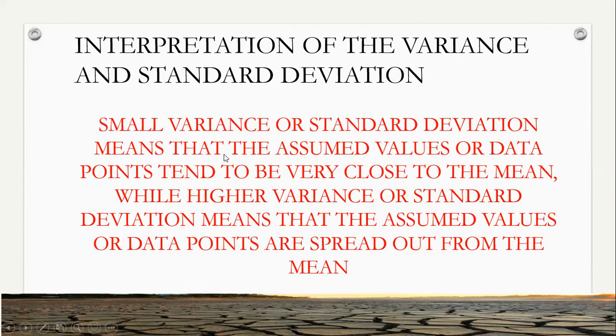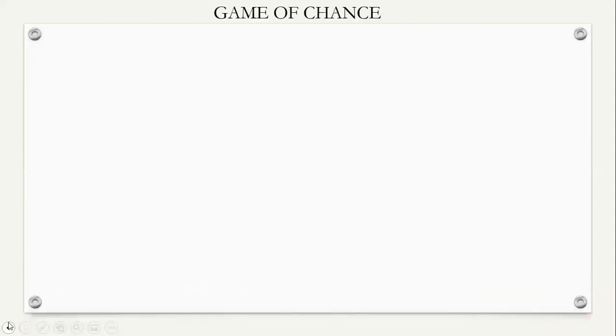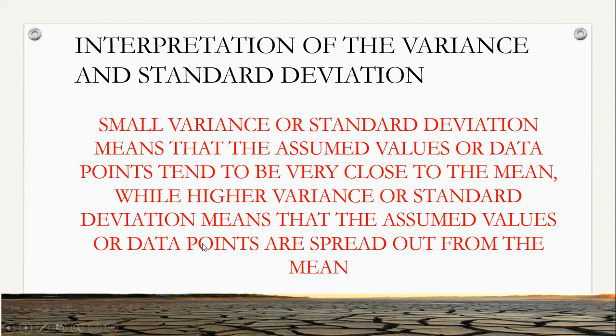A small variance or standard deviation means that the assumed values or data points tend to be very close to the mean, while higher values mean the data points are spread out from the mean. In a certain distribution, it's always better to have a small value of your variance or your standard deviation. Why? Because it means that the scores, or any value or number, tend to concentrate at the middle. Okay? So meaning they are close together.